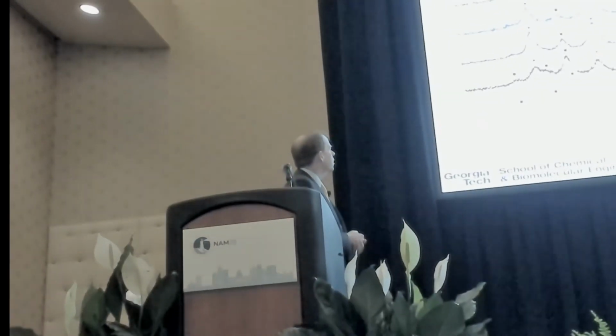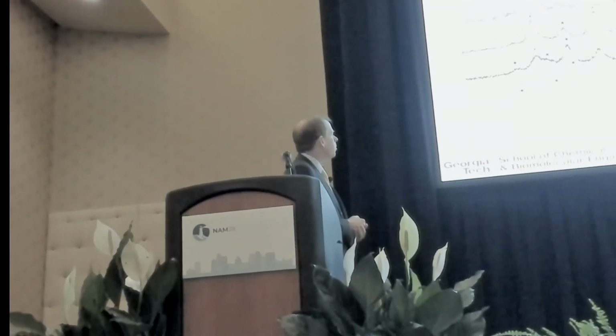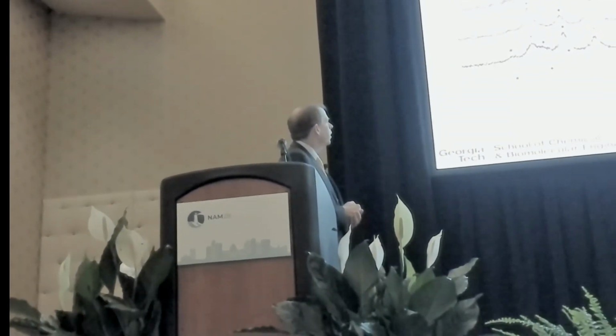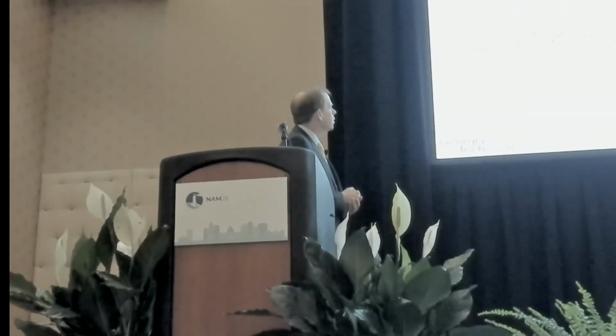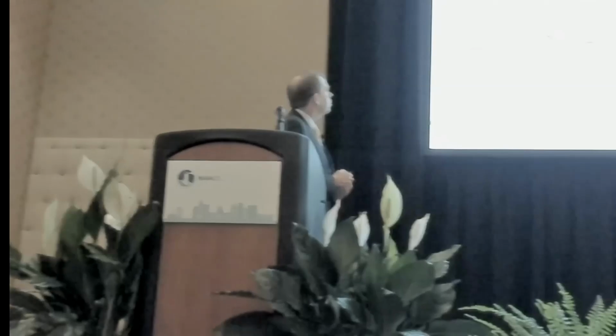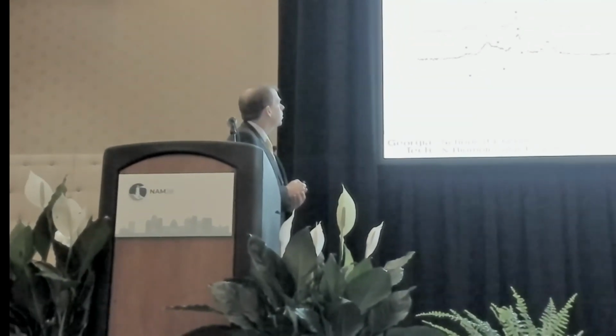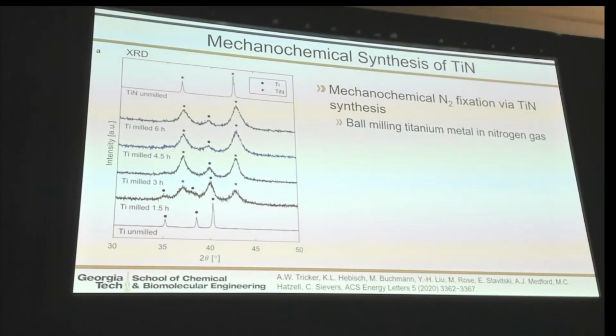We have a very nice pattern at the beginning. An hour and a half into milling, we start seeing the fractions that are attributed to titanium nitride. After 6 hours of milling, this becomes the dominant fraction, while the metal is still present, but it's small.